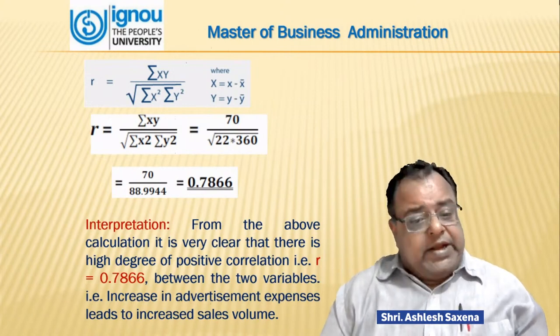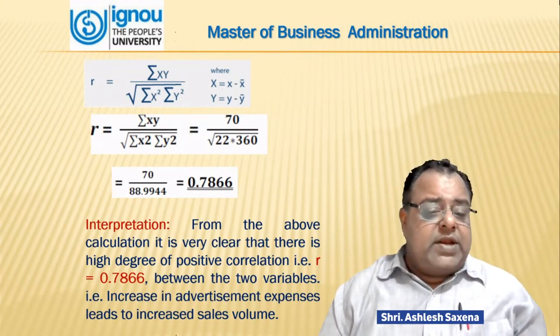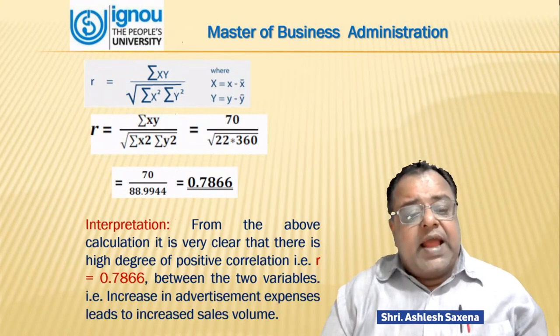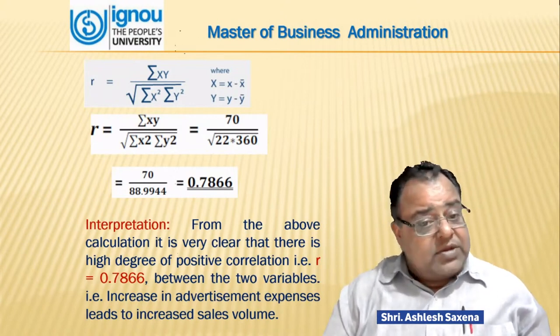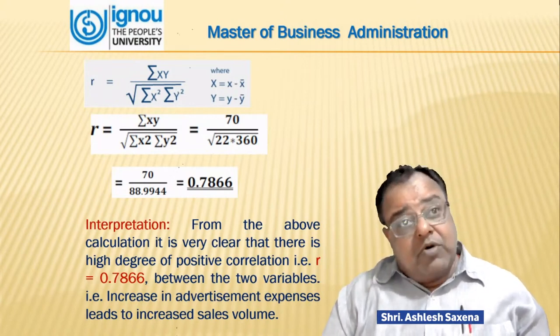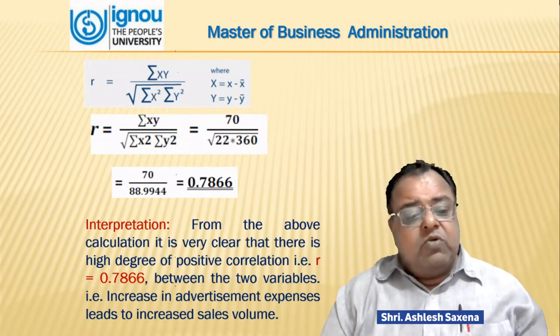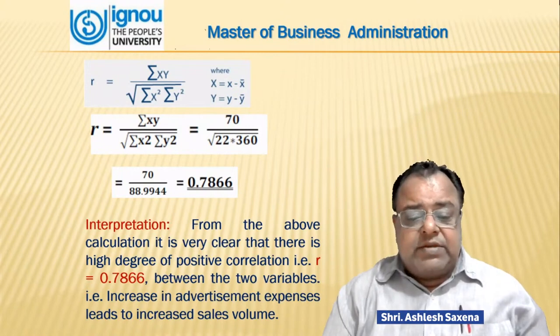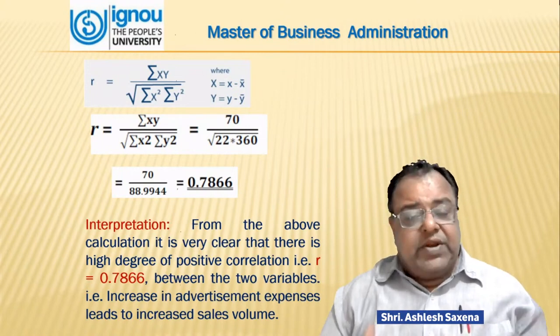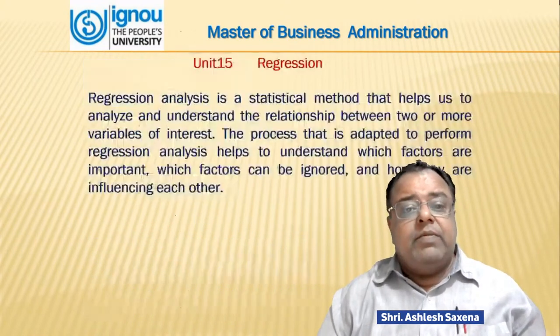How is the result interpreted? From the above calculation, it is very clear that there is a high degree of positive correlation because the value is more than 0.75 between the two variables, that is, an increase in advertisement expenses leads to increased sales volume.